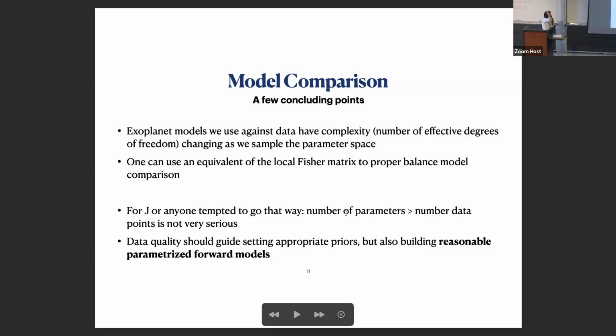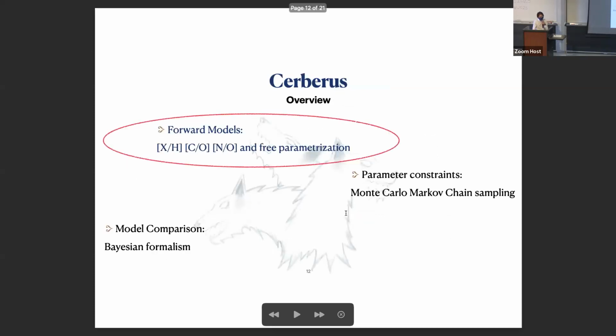Yeah, the last point I wanted to discuss, and that will serve as a transition to the next slide. The data quality should guide setting appropriate priors, so your beliefs or your assumptions when you're doing a parameter recovery, but also build reasonable parameterized forward models. So in that case, reasonable means forward models that do not have 500 free parameters.